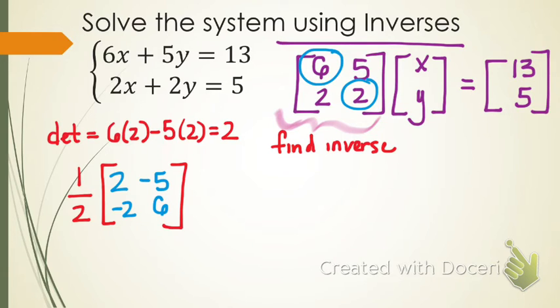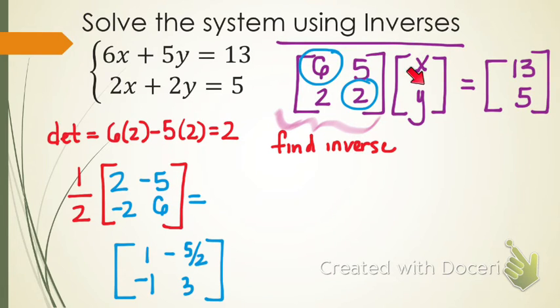So my inverse is 1, negative 1, negative 5/2, 3. So what this method says is if you multiply this matrix by the inverse, then we will have our solutions for x and y.